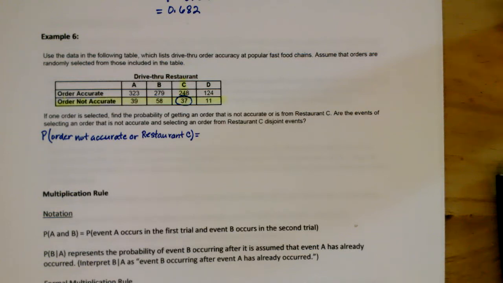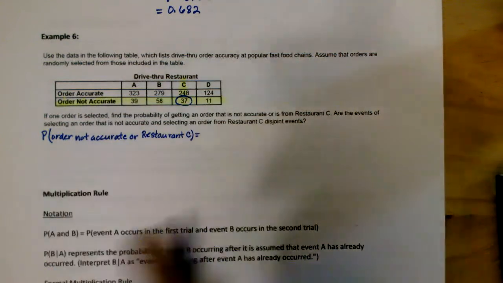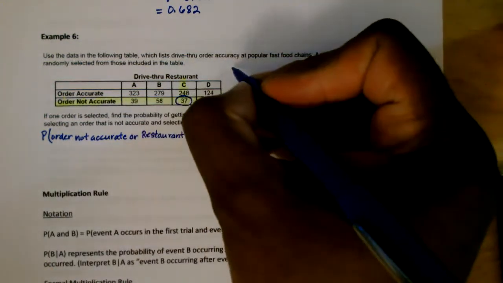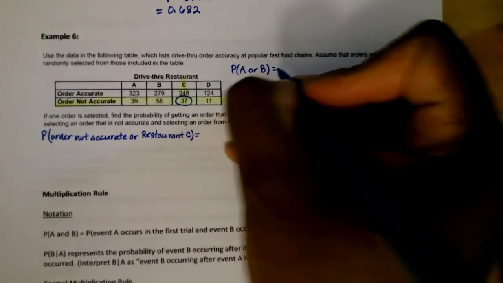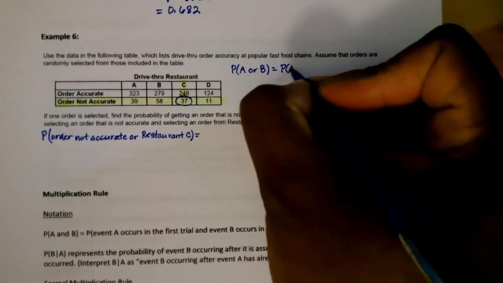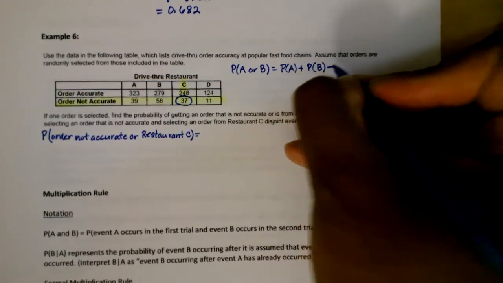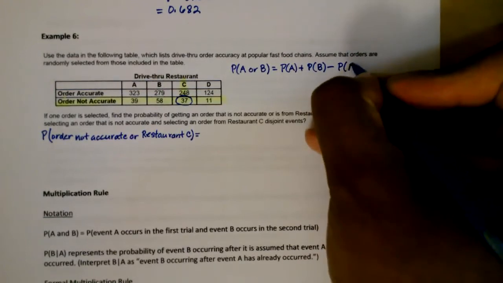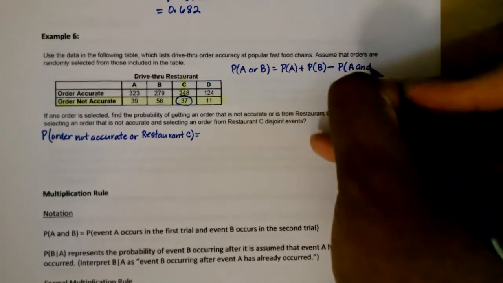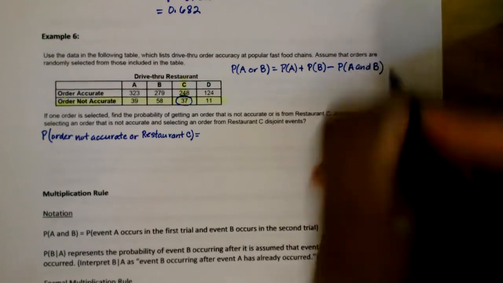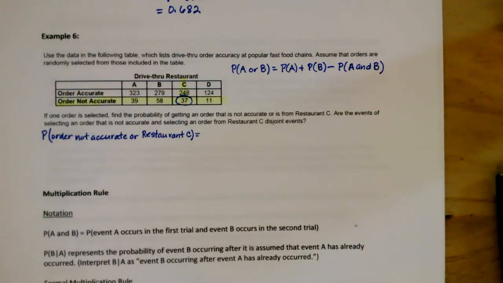Okay, so we're going to have to use the formal addition rule to avoid the overlap. So this is just like saying the probability of A or B is equal to the probability of event A plus the probability of event B minus the probability of A and B, because the A and B represents the overlap.